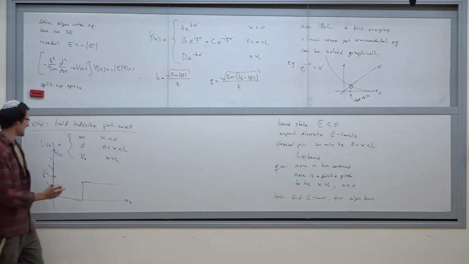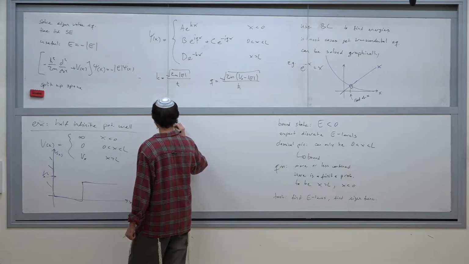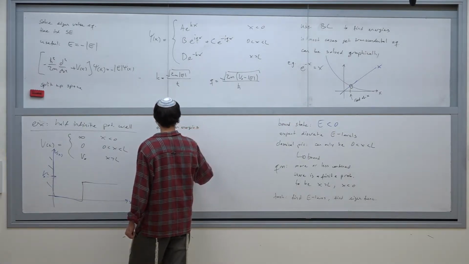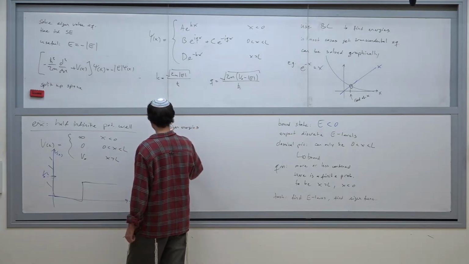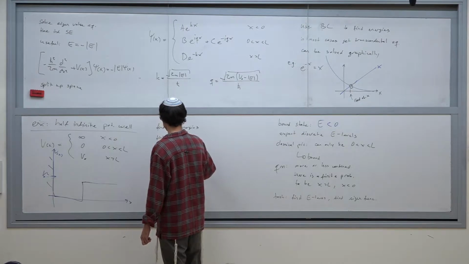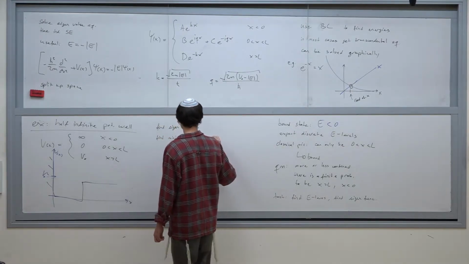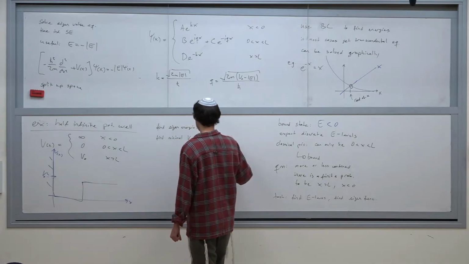And the task is to find the eigenenergies, and then we want to find the minimal V0 for at least one bound state to exist.